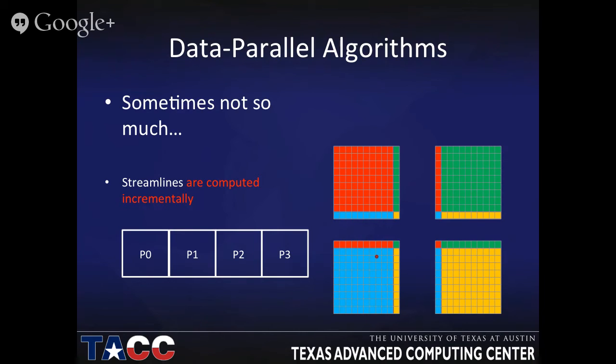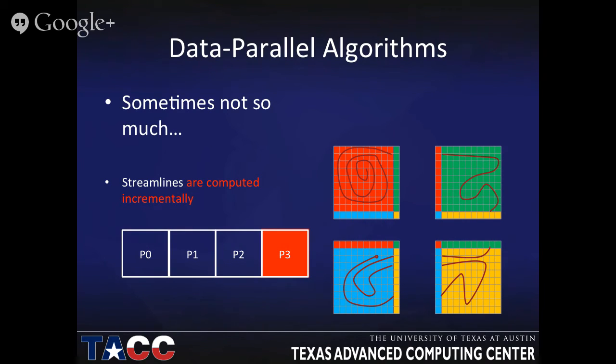It's called a streamline. The problem is that computing a streamline is an inherently serial process. If I seed my streamline at this point and start tracing it, it's going to truck around for a while there on processor 0. Then it's going to truck around on processor 2 or 1. It's going to go back and play around in processor 0 for a little while.